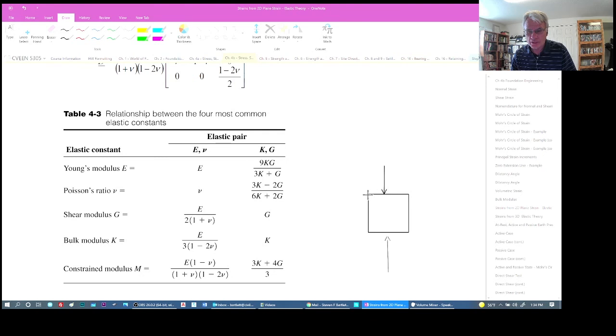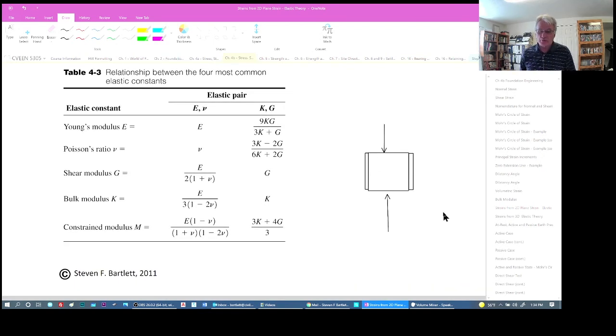However, if we confine this like we do in a consolidometer, where we put walls on both sides of this, constrain it in this direction, then deformation is only allowed in this direction and none is allowed in this direction. So we've got it constrained on both sides, like the consolidometer cell that we use in soils to do the consolidation testing. Then we don't get Young's modulus because it can't deform in this direction.